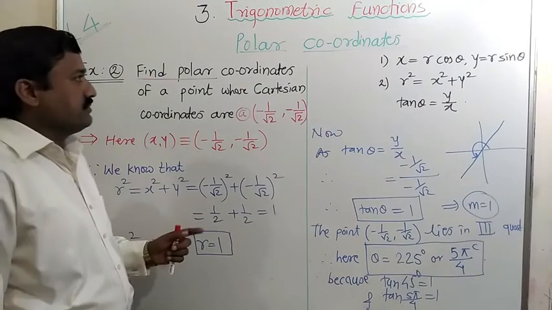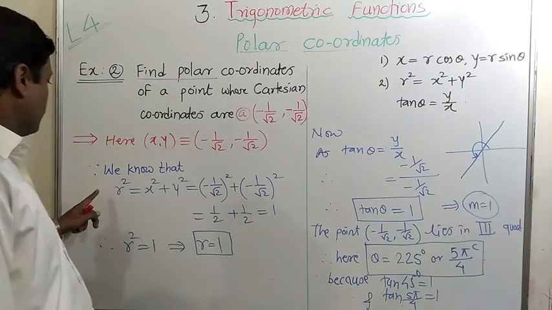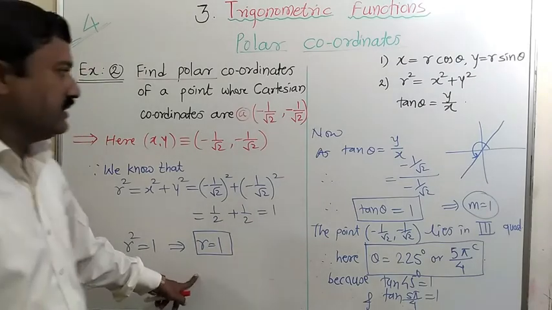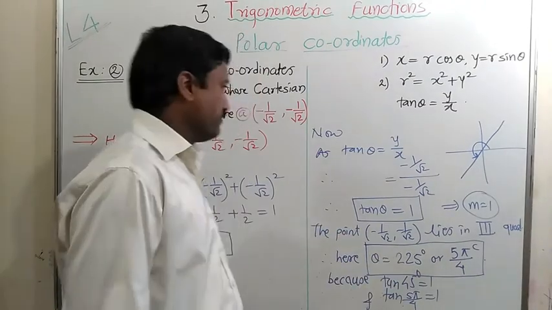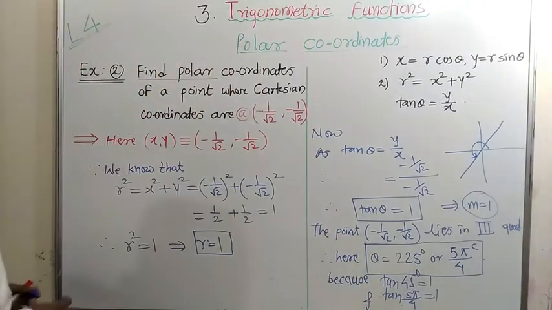So in this example also there are two steps. In the first step we will find the value of r, and in the second step we will find the value of the angle theta.